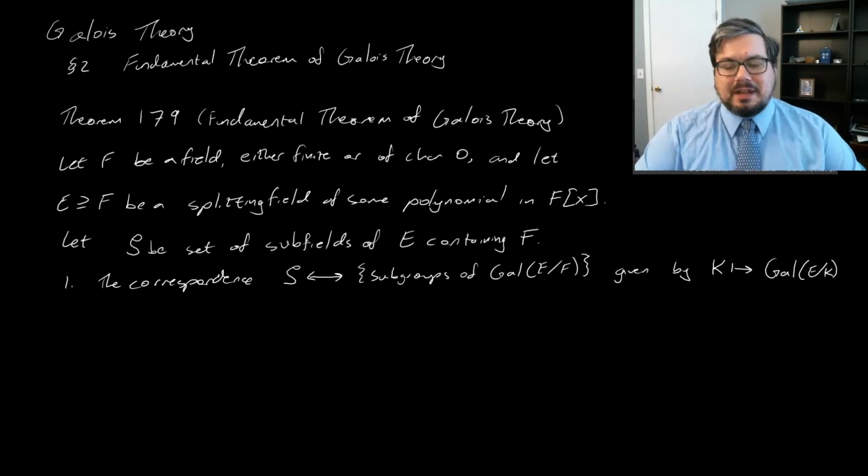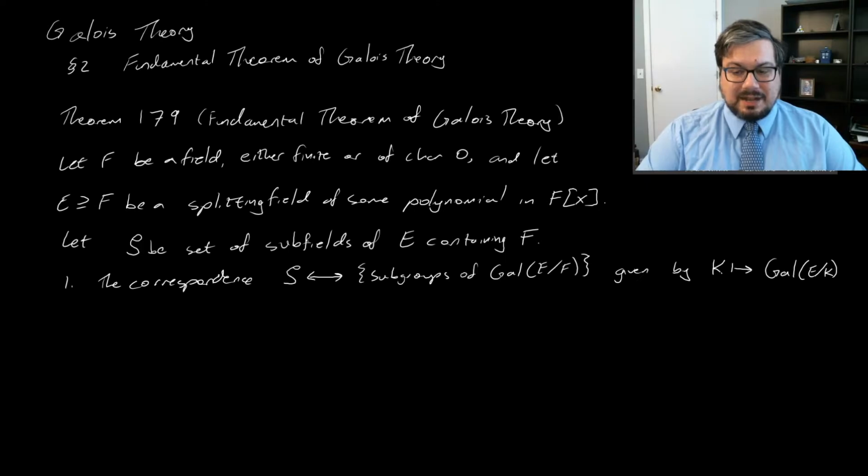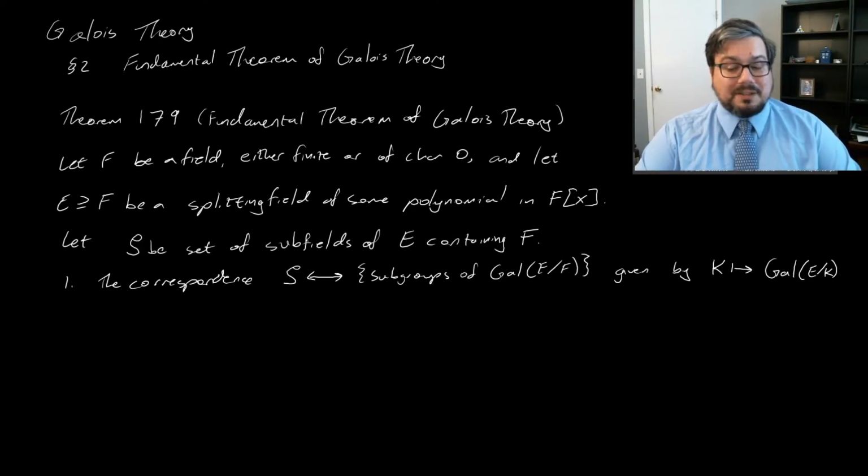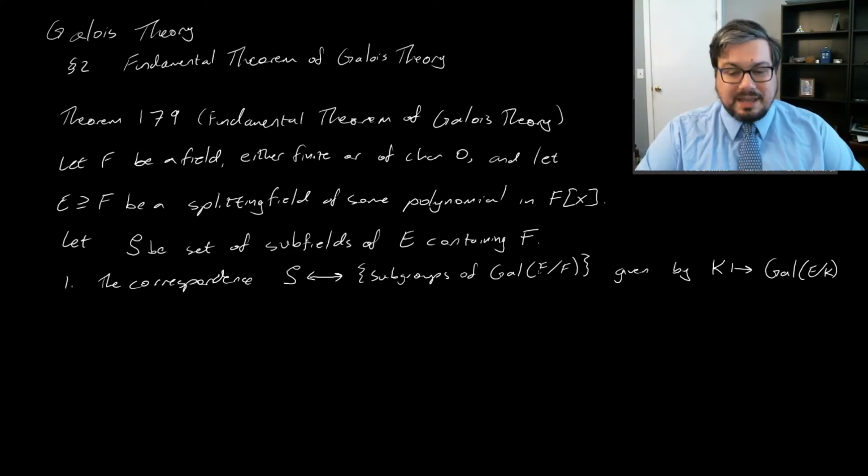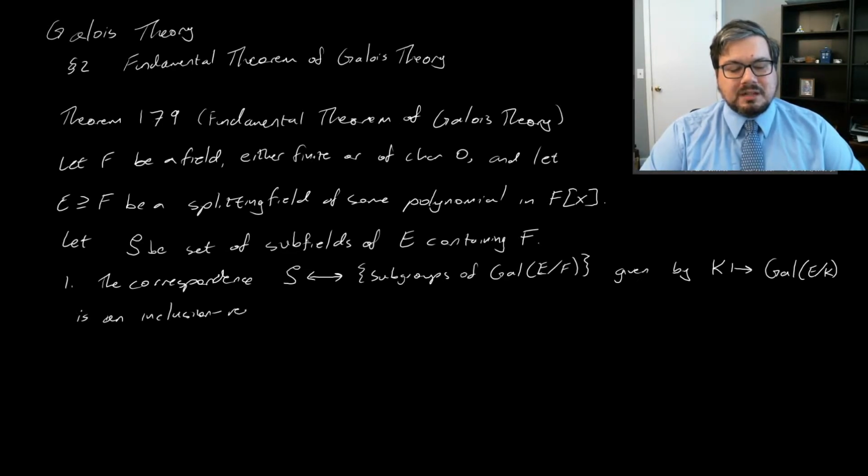So we've got the correspondence. Given any K, we can look at the Galois group of E over K, and that's a subgroup of the Galois group of E over F. So we've got this correspondence, and this is an inclusion reversing bijection with inverse given by the following.